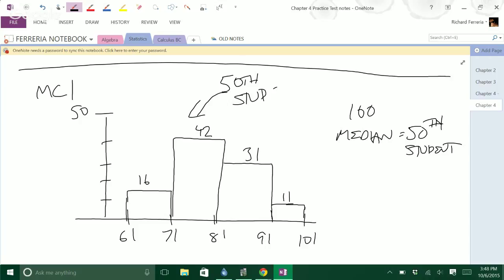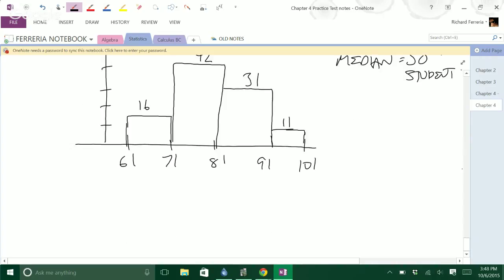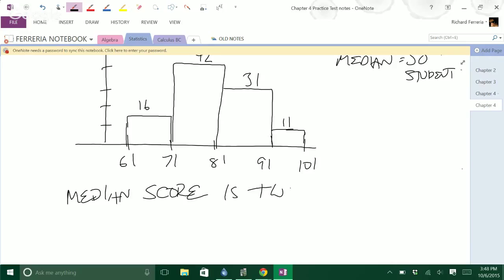So that puts them somewhere between 71 and 80. Okay, so the median score is between 71 and 80. Or to put it another way, 71 is less than or equal to the median, which is less than or equal to 80.